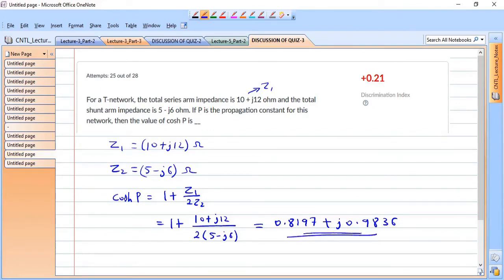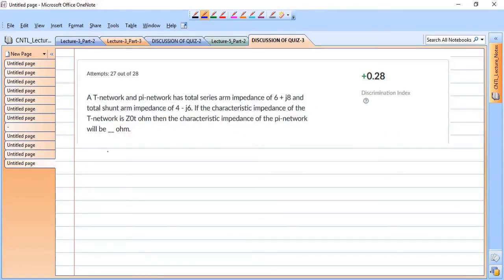Next question is, a T network and pi network has total series arm impedance of 6 plus j8 and total shunt arm impedance of 4 minus j6. If the characteristic impedance of the T network is Z0T, then the characteristic impedance of the pi network is.